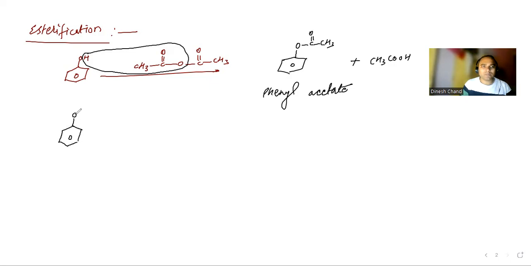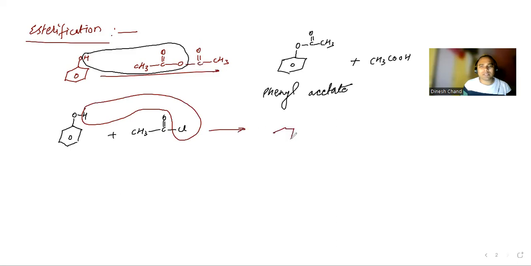Here is OH, and here we are using CH3, C double bond O, and Cl. So HCl is going to be lost, and the same product is obtained: phenyl acetate, O, CO, CH3, plus it will release HCl.